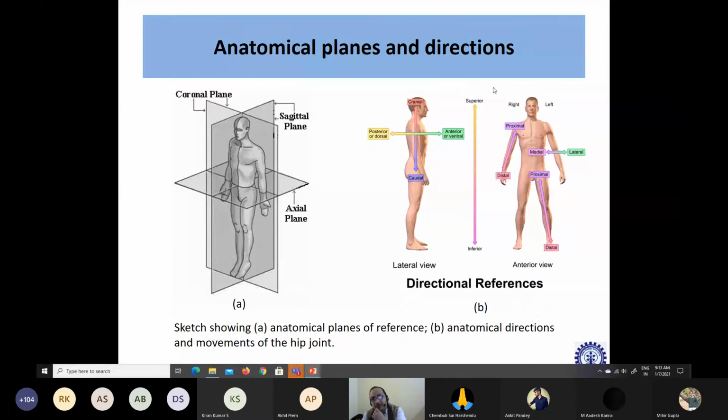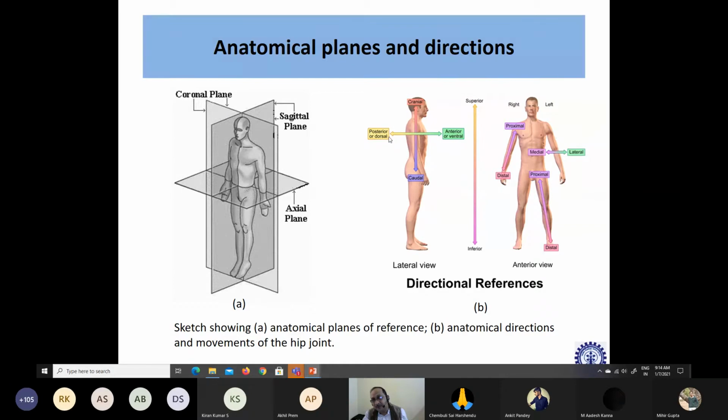Towards top of the system is superior, and towards bottom is inferior. So superior and inferior you can easily recognize. Medial and lateral I have defined. Anterior and posterior: towards front is anterior, towards back is posterior.